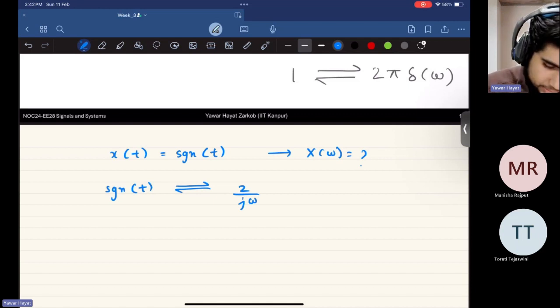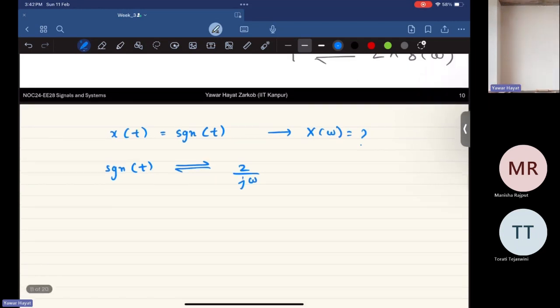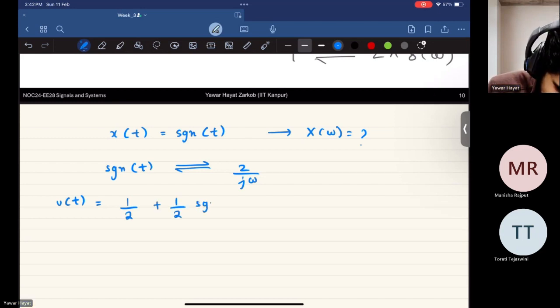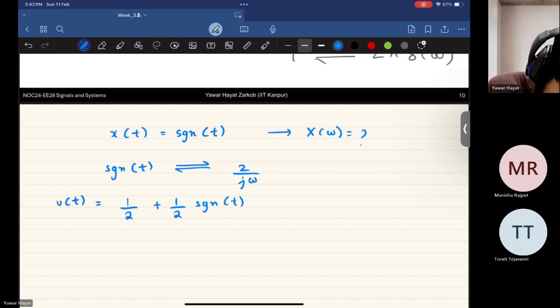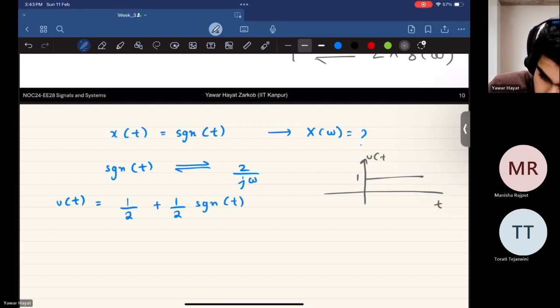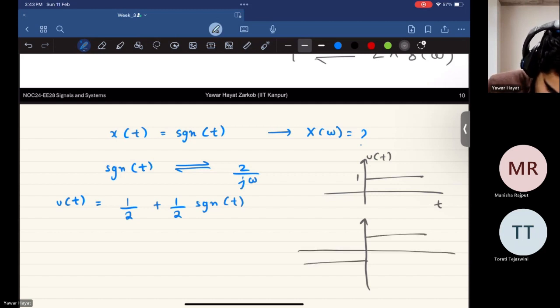We also know that the unit step function u of t, we can write as half plus half of signum of t. Agree? Because this is the unit step, this is signum.